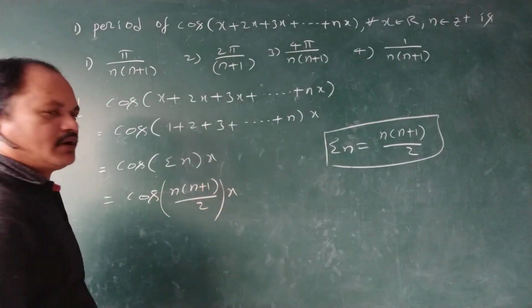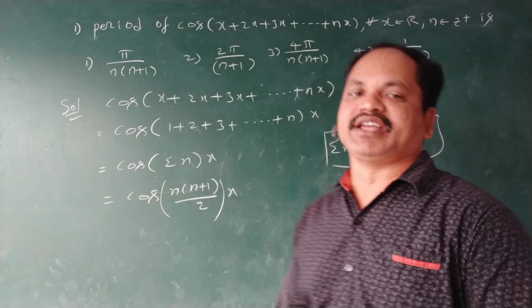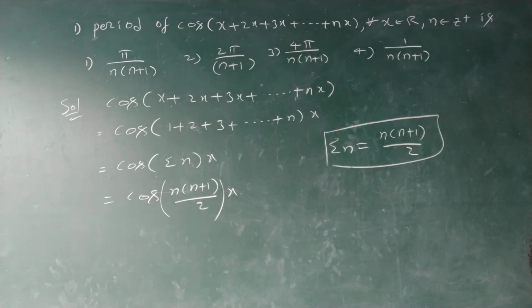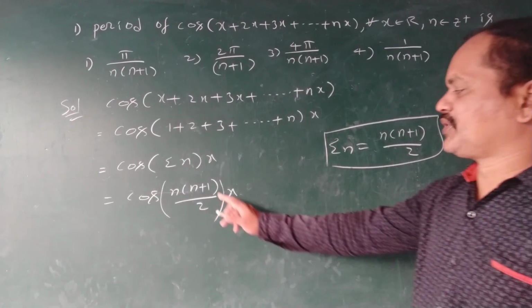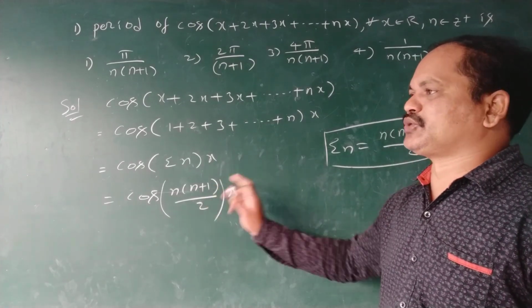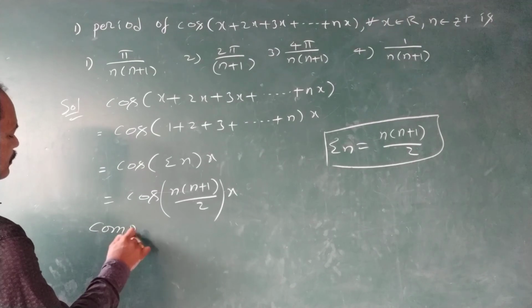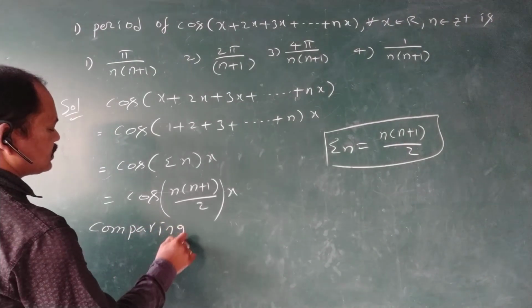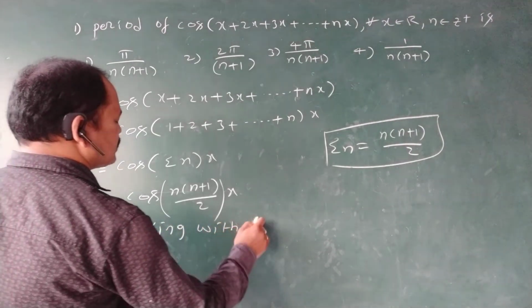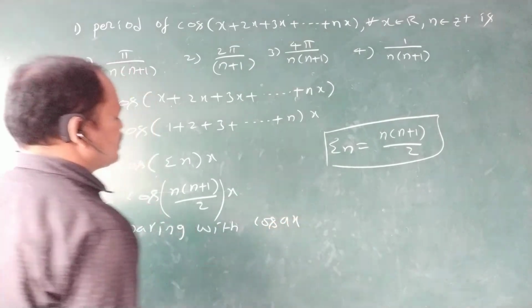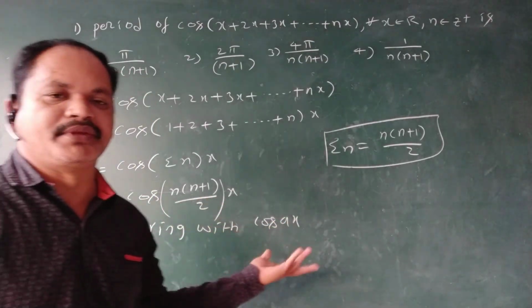Right. Now this, compared with cos ax, where in place of a we have n(n+1)/2. Of course, it is cos(ax + b), but b is 0.